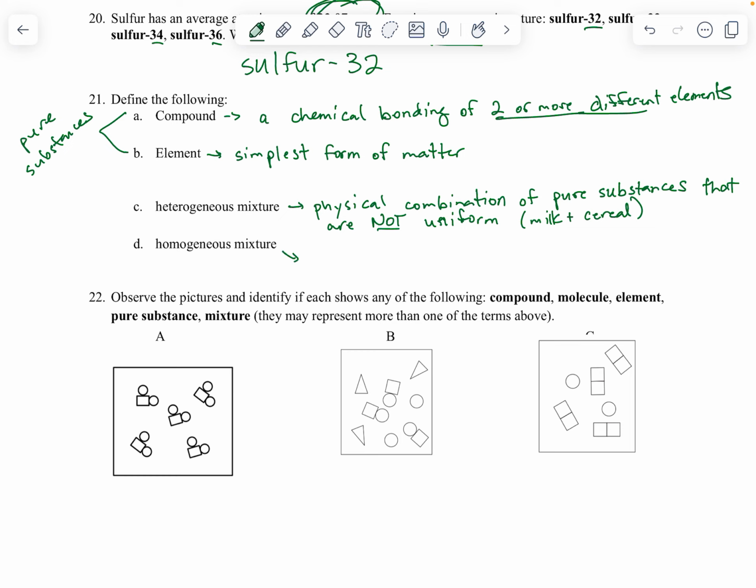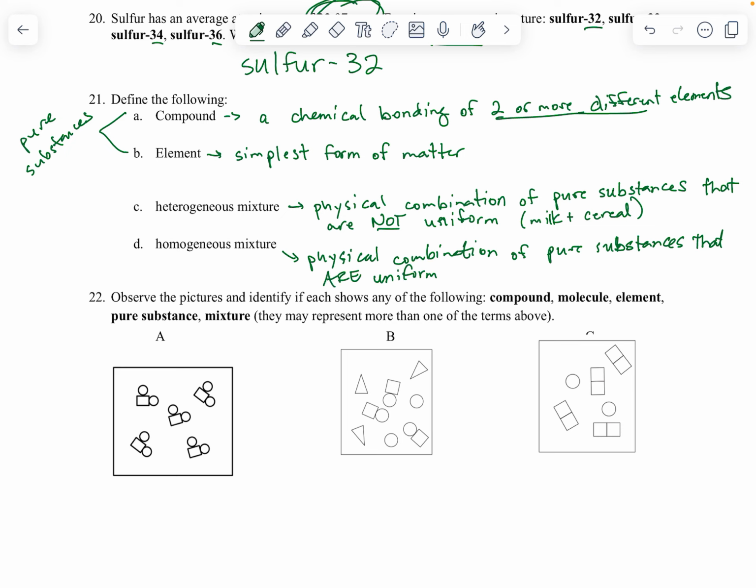Whereas a homogeneous mixture is a physical combination of pure substances that are uniform, right?